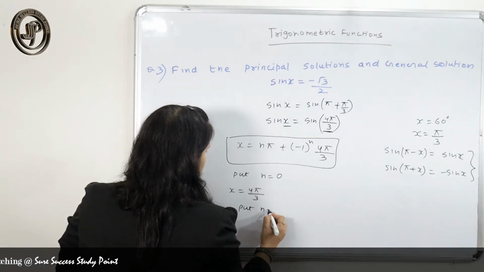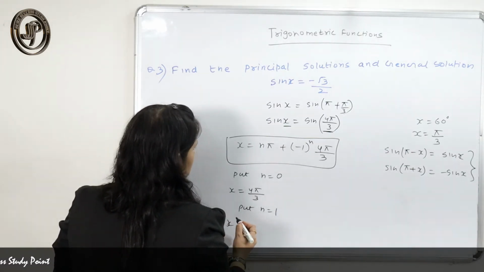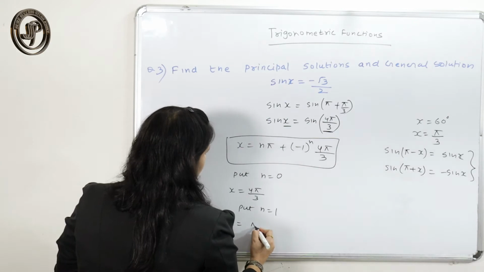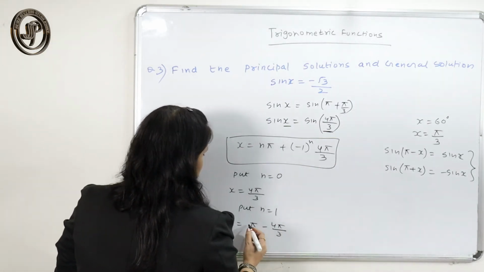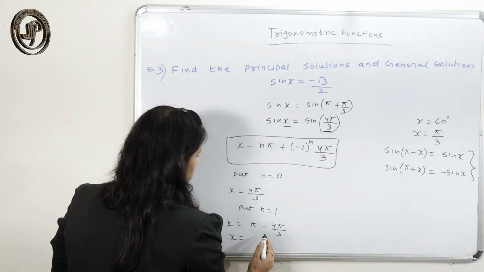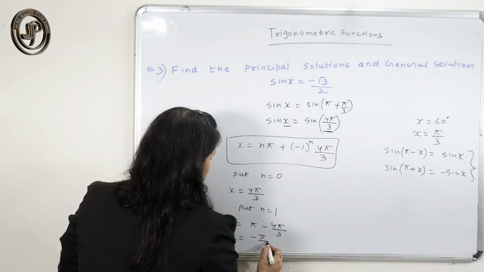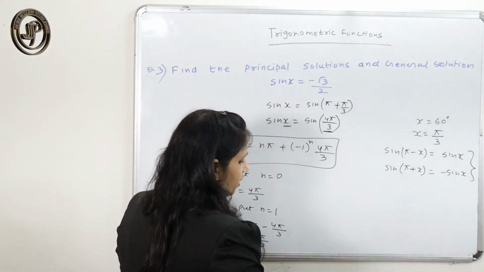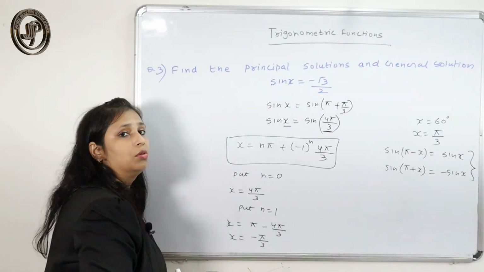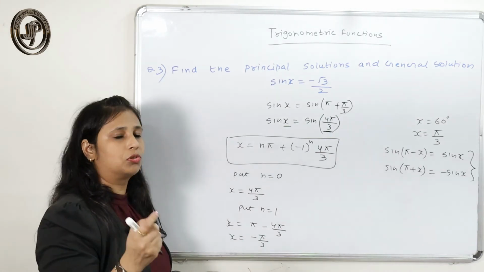Put n is equal to 1, then x will be pi minus 4 pi by 3, which is equal to how much? Minus pi by 3, right? But my value of x should lie between 0 to 2 pi.